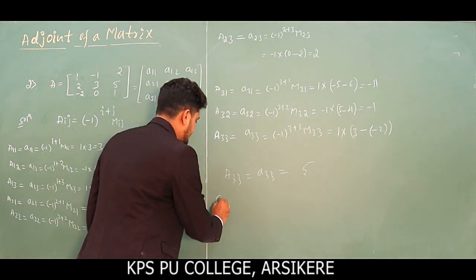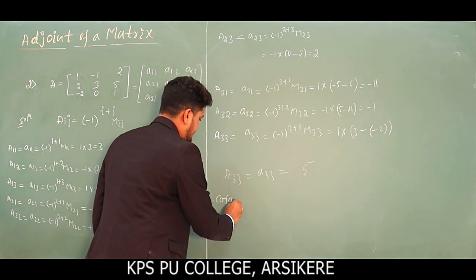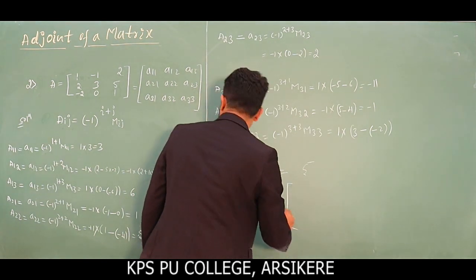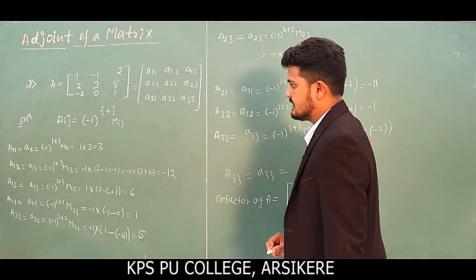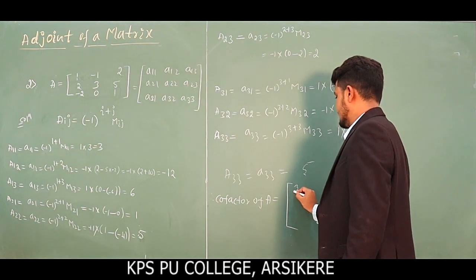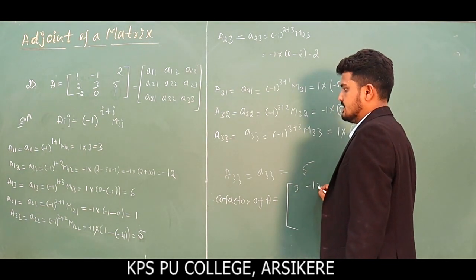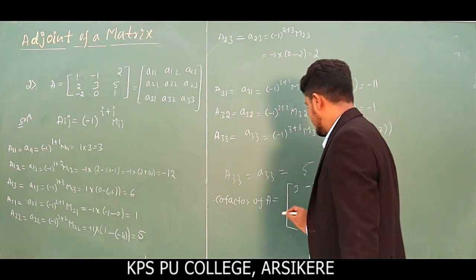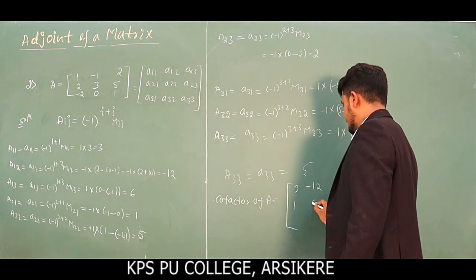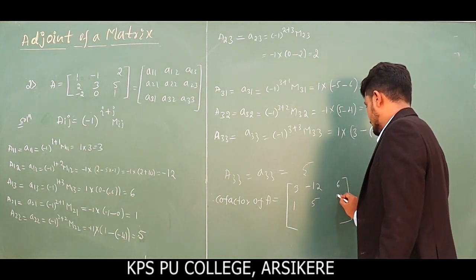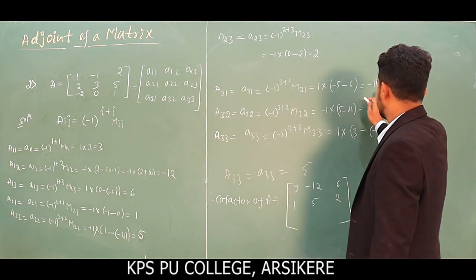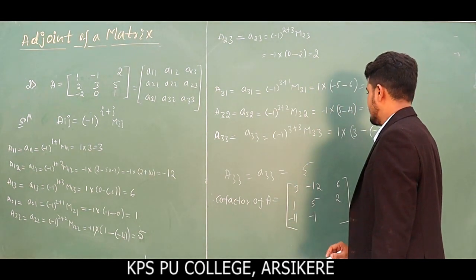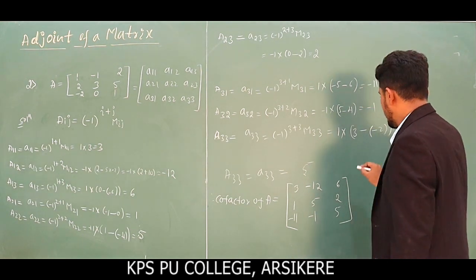So therefore cofactor of a, so what we got, see the first one elements, cofactor a11, so 3 minus 12 6, so next a21 1, next 5 2, next a31 minus 11 minus 1 5, this is the value of cofactor.